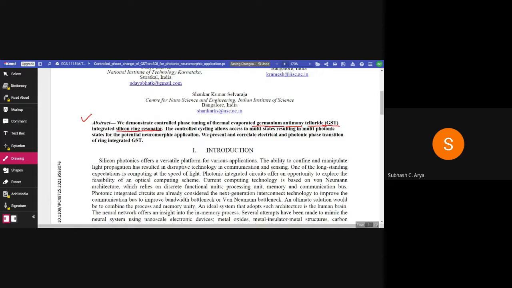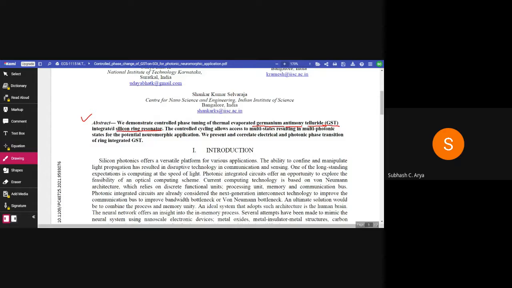The controlled cyclic allows access to multi-states, resulting in multi-photonic states for the potential neuromorphic application. We present and correlate electrical and photonic phase transition of ring integrated GST.